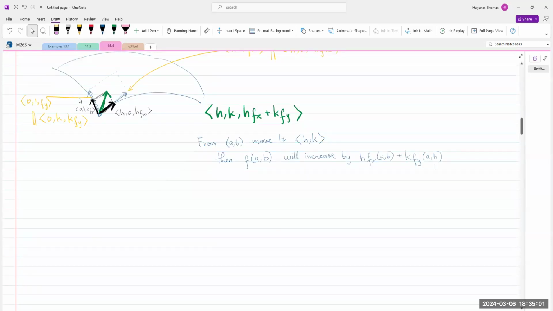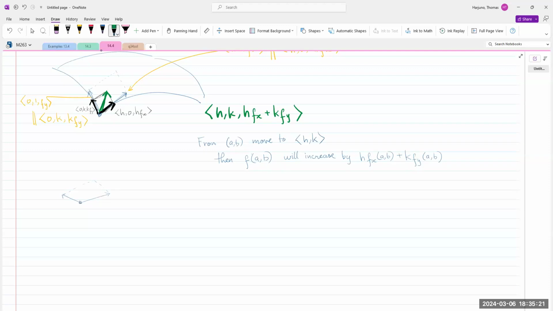Let me try to sketch that again from a slightly different point of view. Suppose this is the point, and it is increasing this way in the x direction and this way in the y direction. So this is the plane.